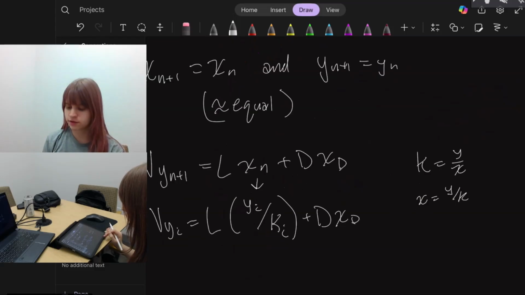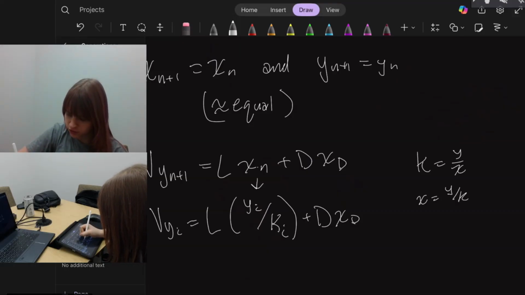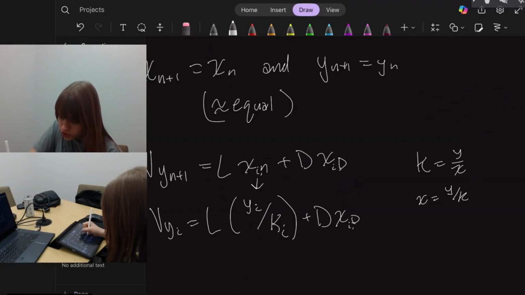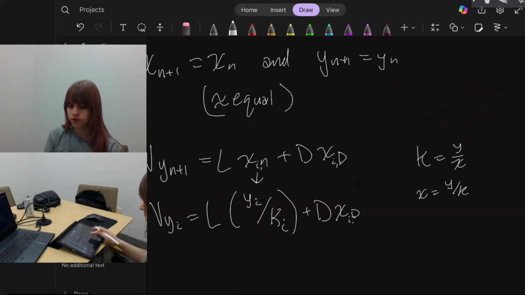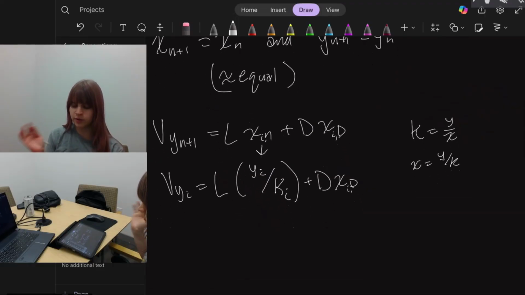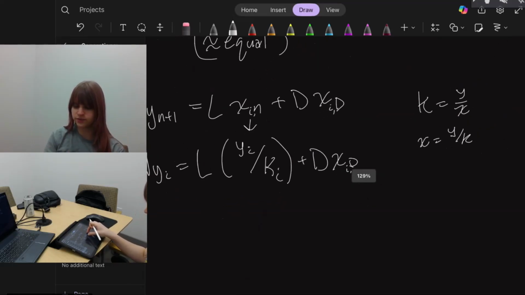So technically, since we have so many components, I do need to include an i after my x, just to denote which one I'm talking about. So I'll try my best to keep that in when I'm continuing to write, but if I forget it, that's why some of these equations have that.